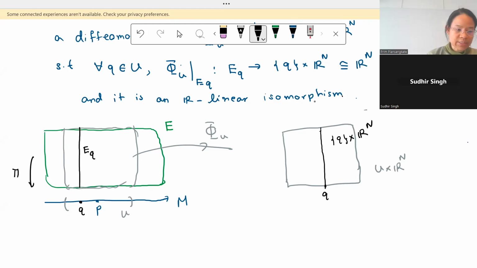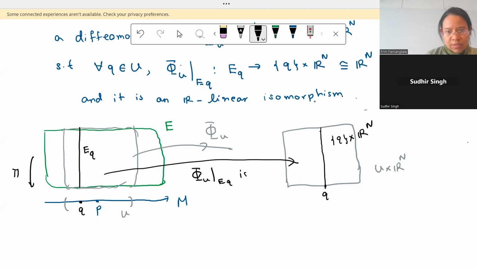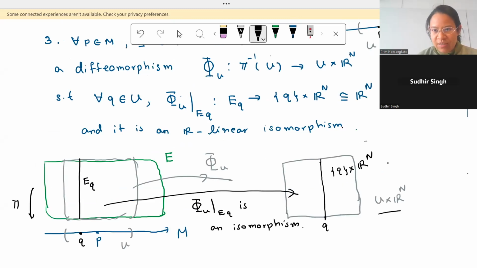And also we want it to be an isomorphism, from this to this. So we have a local representation of the vector bundle as a product manifold.